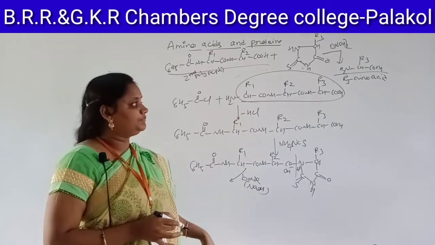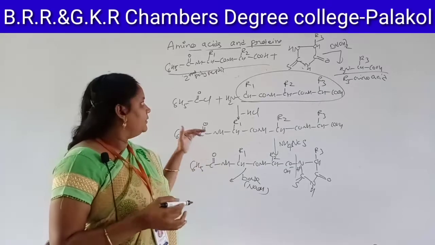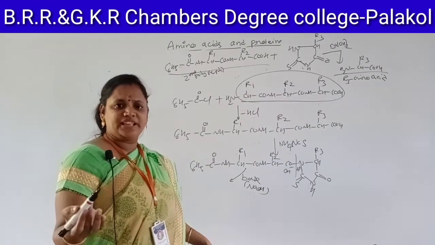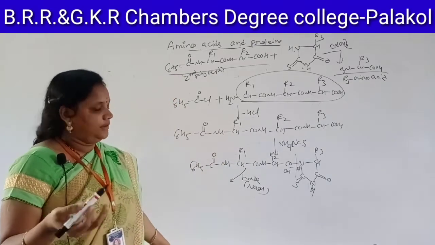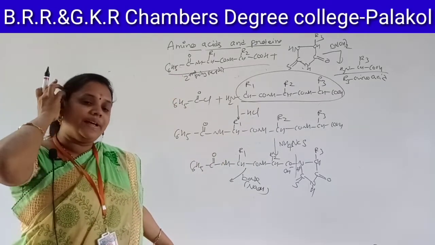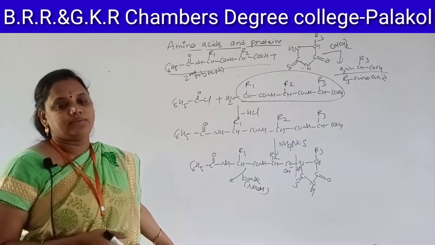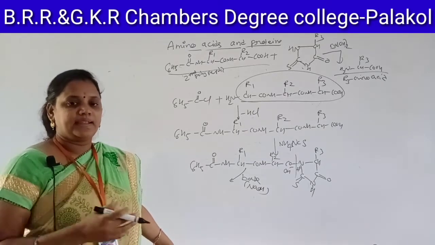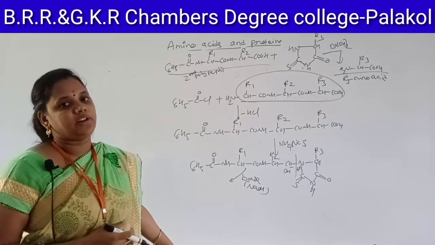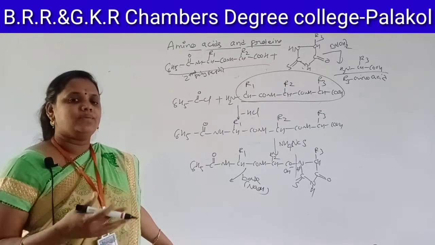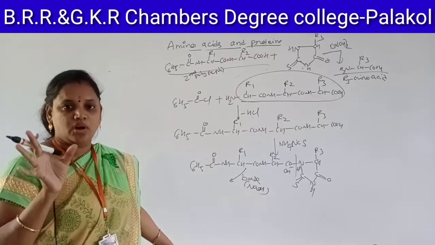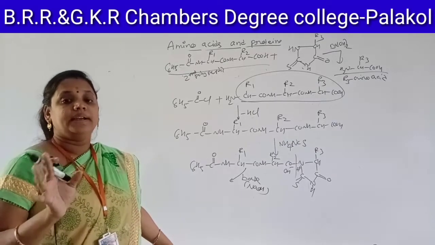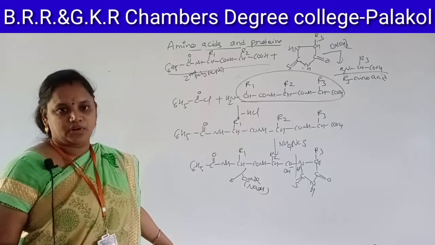Okay, students? Next, I have already discussed the Edman method. Here we are attacking the N-terminal of the amino acid. In one case we will attack the N-terminal of the amino acid, and in another case we will attack the C-terminal amino acids. Attacking one terminal, N-terminal or C-terminal, is not important, but the degradation of amino acids is important.